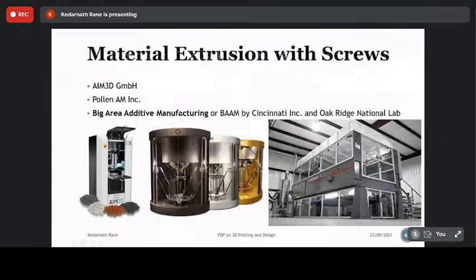It is big area additive manufacturing, which utilizes material extrusion with the screw system, for metal as well as non-metallic constituents. You can see a big chamber is used for deposition, and how big the XYZ Cartesian axes are. A Delta printer is installed inside. So very big metallic components can also be manufactured using this system.